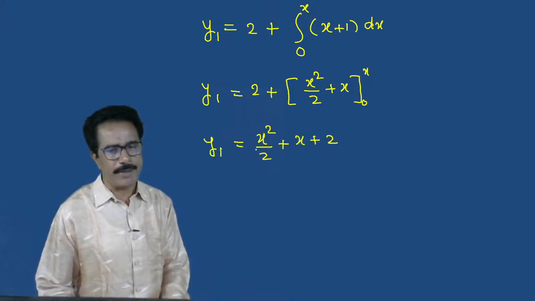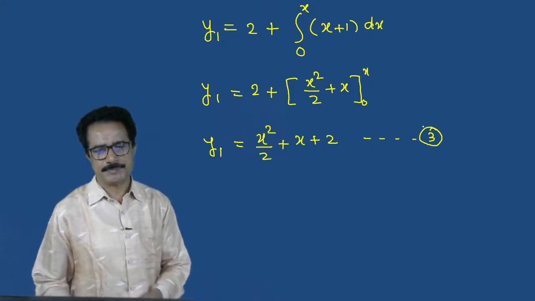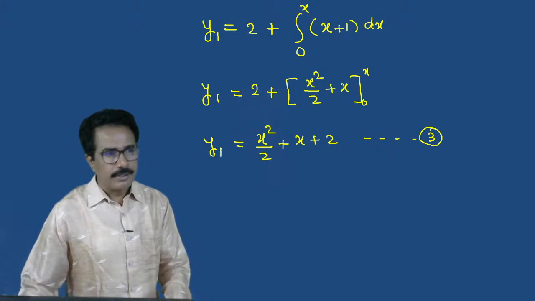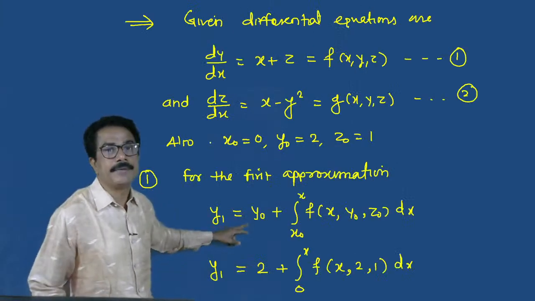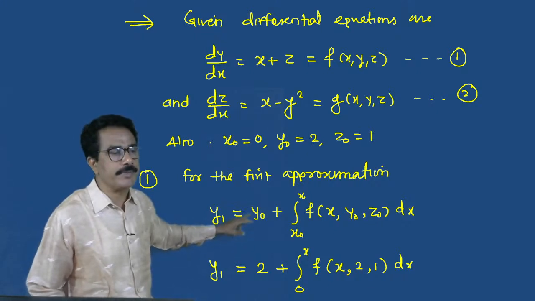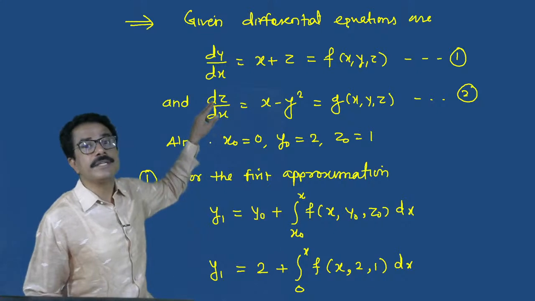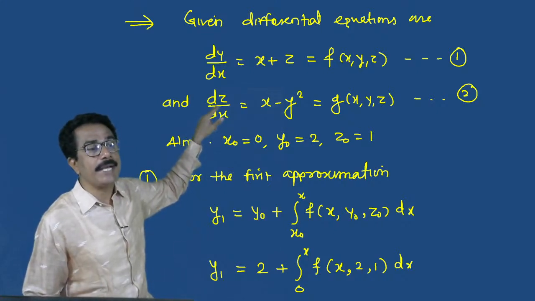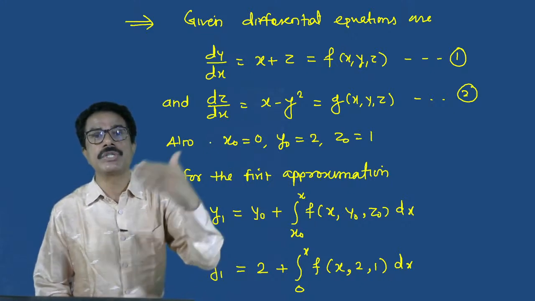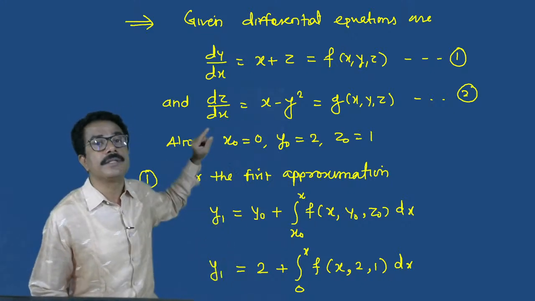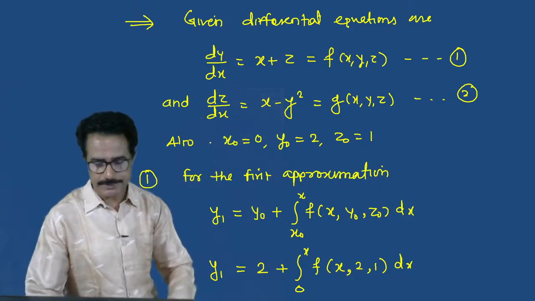Suppose this is y1. We consider this as equation number 3. Now here we can calculate y1 by using the first approximation. We can calculate y1 by using the first differential equation dy by dx. Similarly, the first approximation is used to find the value of z1 by using the second differential equation.